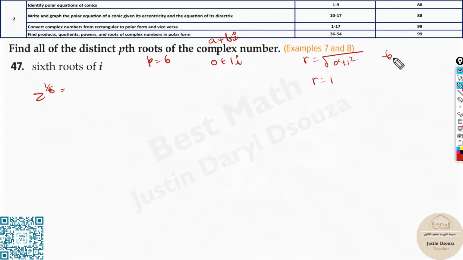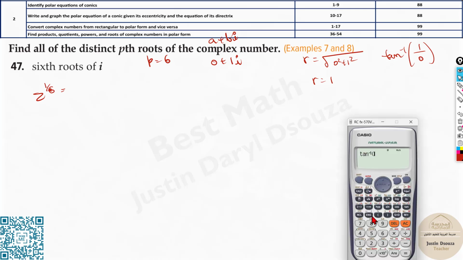What about the angle, tan inverse of 1 by 0? So this is undefined. Where is it undefined exactly for tan inverse? Now if you try putting it in the calculator, tan inverse of 1 divided by 0, do you get any answer? You get a math error. Why is this? Because this is infinity, right? 1 divided by 0 is undefined. But if you take a huge number, what's going to happen?